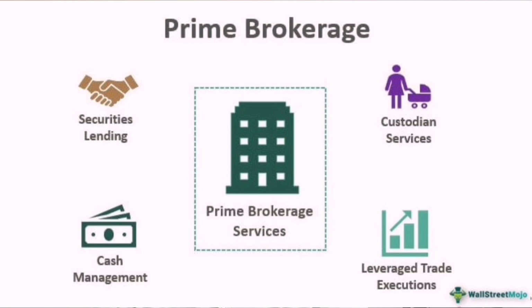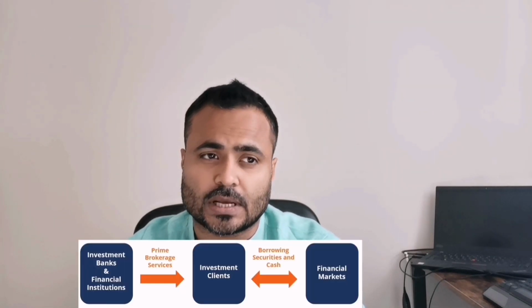Now, if I have to explain what prime brokerage is, for example, A Capital is a small investment firm. They have a lot of clients, and they don't have that much money to spend on getting their own platform.